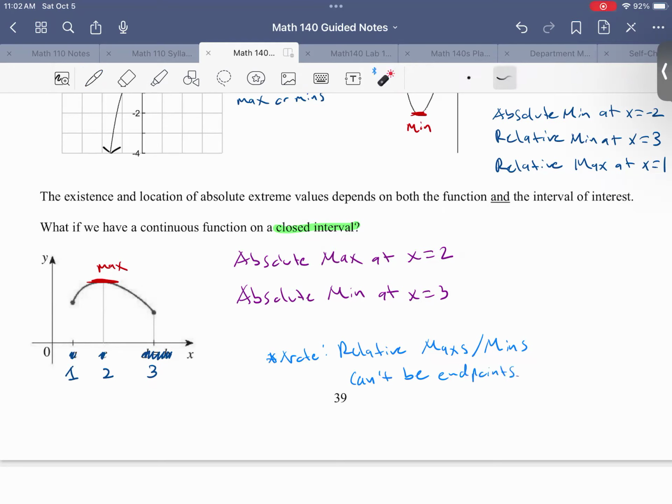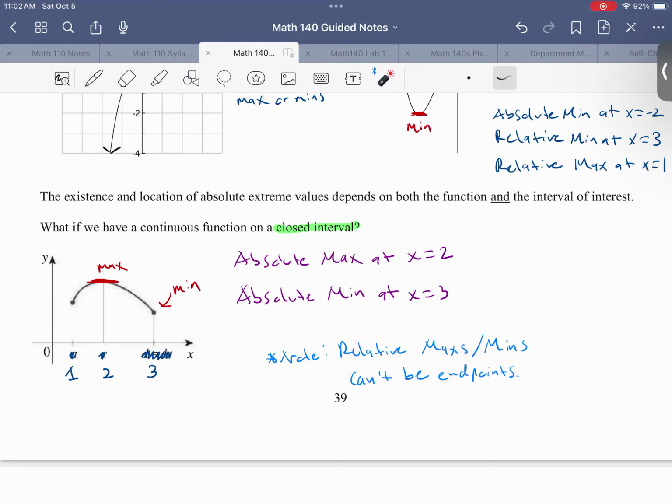They can be absolute, because this is our absolute min, but they're not relative. So our endpoints can't be relative.